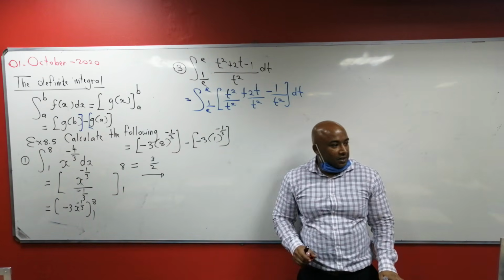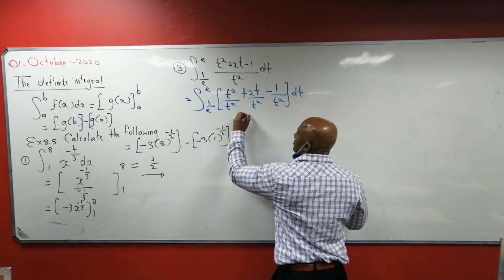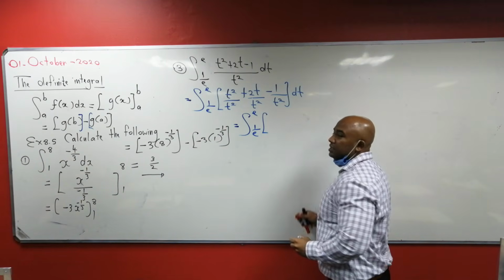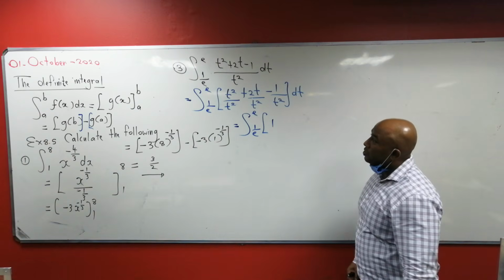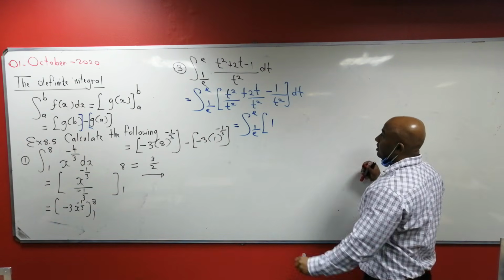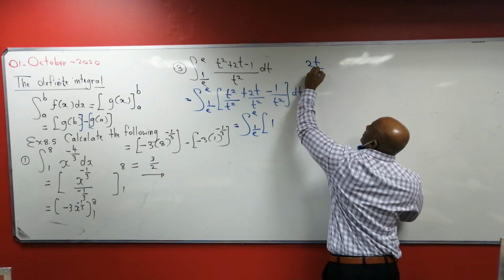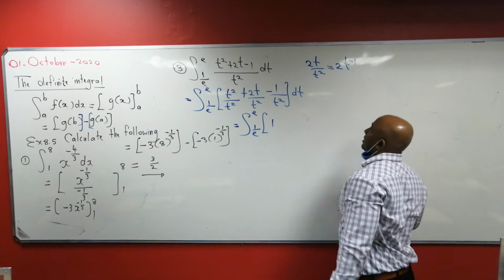Don't get confused with the t. So now, t squared over t squared is just 1. 2t over t squared is actually 2t to the power minus 1.